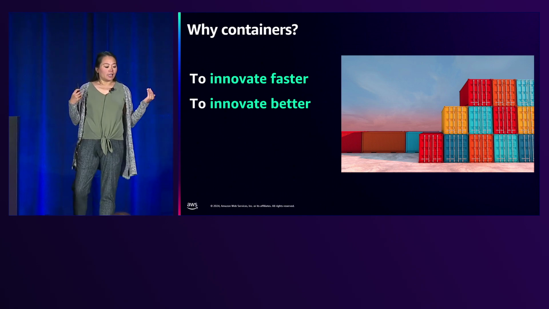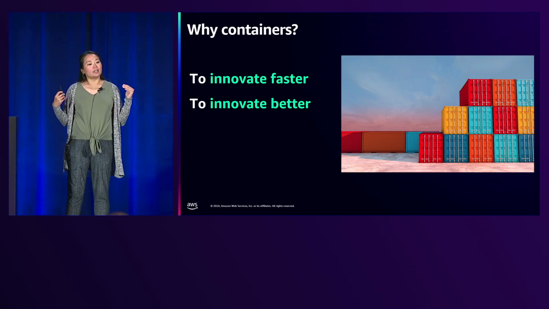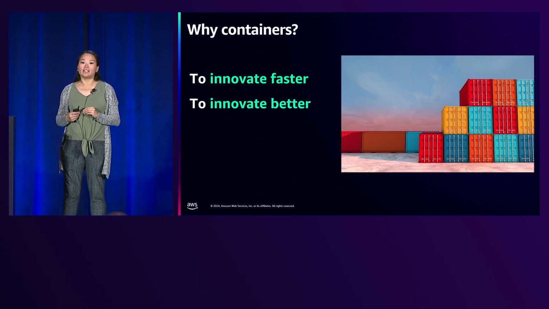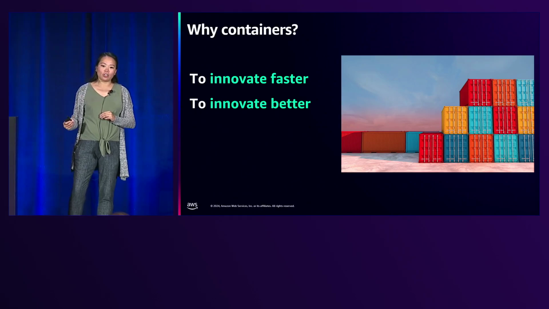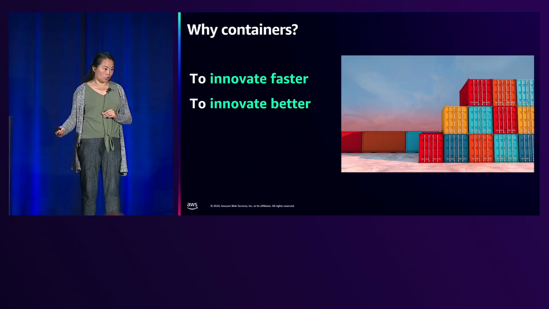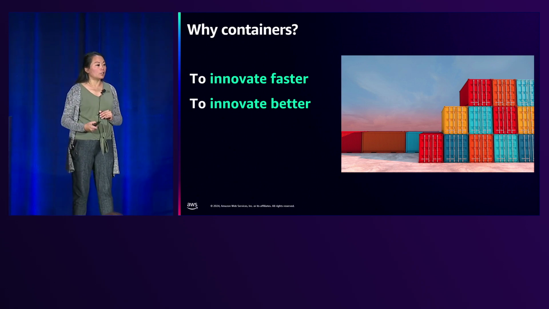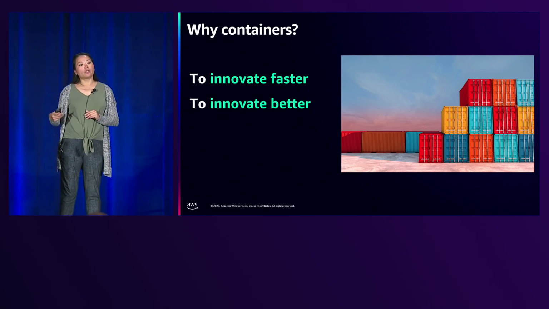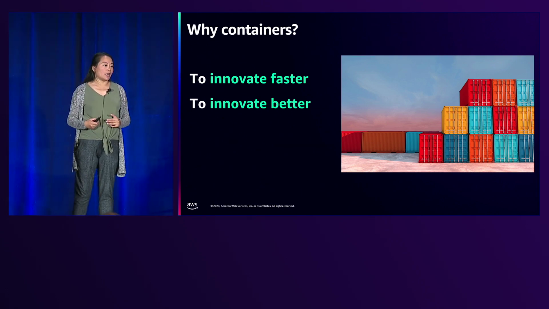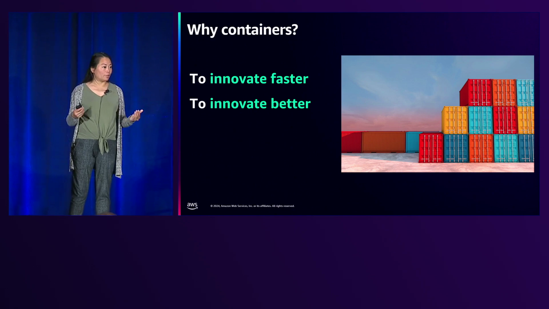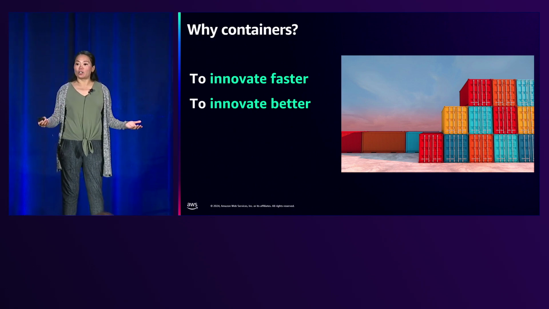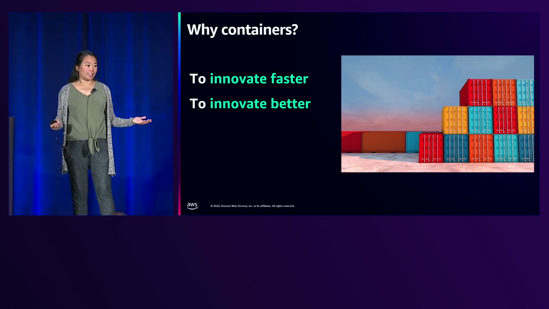Because of the portability and consistency, that allows you to get to automation faster, which gives you faster speed to deliver your software, but also reduces the overhead of resources. So this is why a lot of you are choosing building stuff on ECS today.